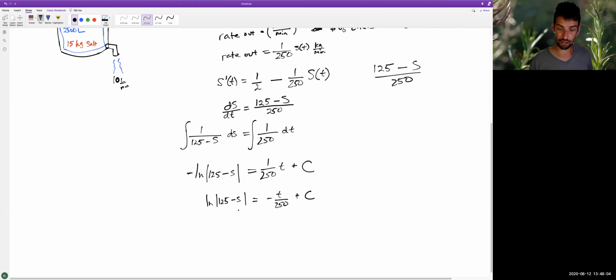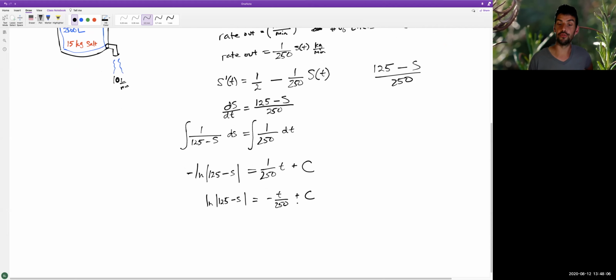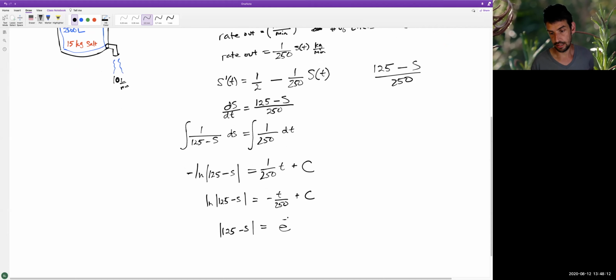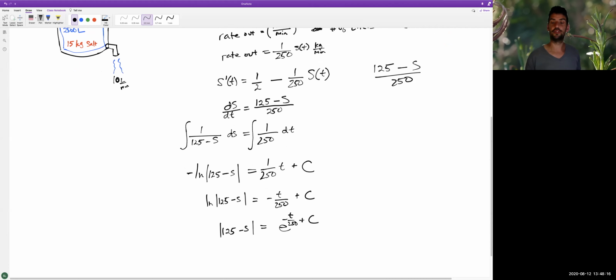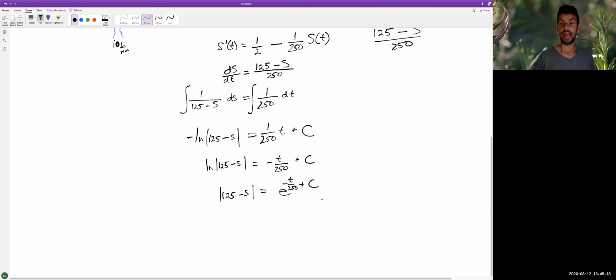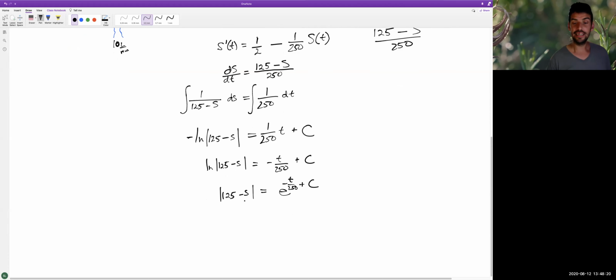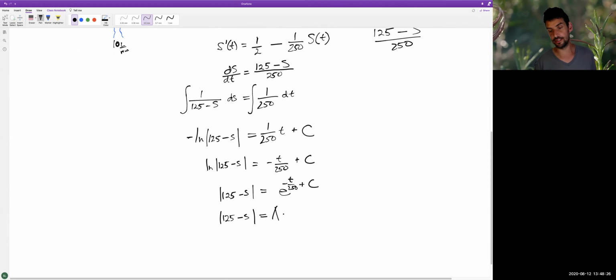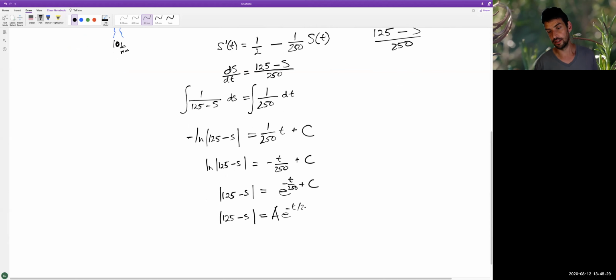I use the definition of natural log. So this statement is equivalent to the statement, right? So we've got this in our exponent. As we've seen, this plus c can become an arbitrary constant in front of this, right?